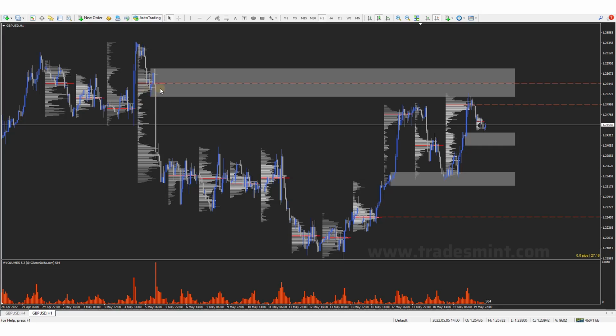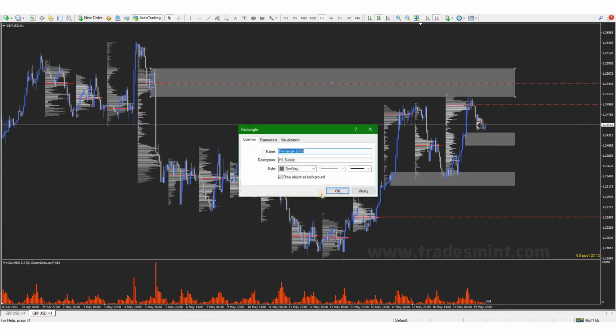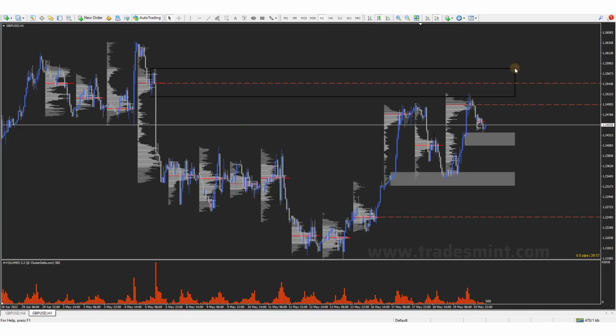Yes, I see here very long horizontal lines, so it means that large volume was played. So as I prefer zones without background, this is my zone based on the volume profile, like this.